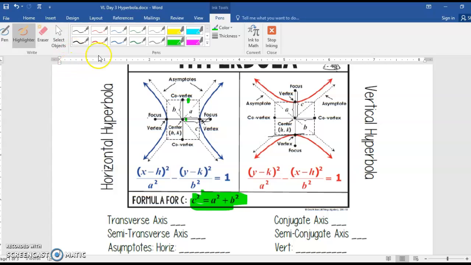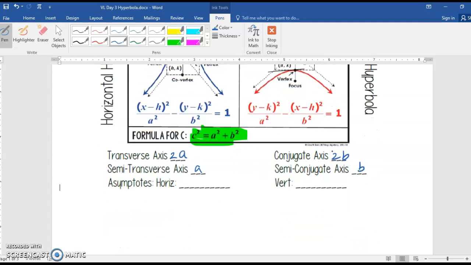Here we have the transverse axis 2a, the semi-transverse axis is a, the conjugate axis is 2b, the semi-conjugate axis is b. Please take notes as I go ahead. And the asymptotes, this time the horizontal and the vertical. There are two kinds of asymptotes.